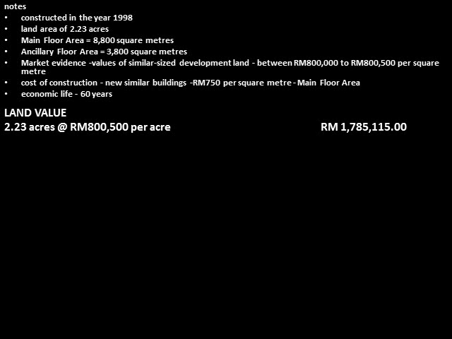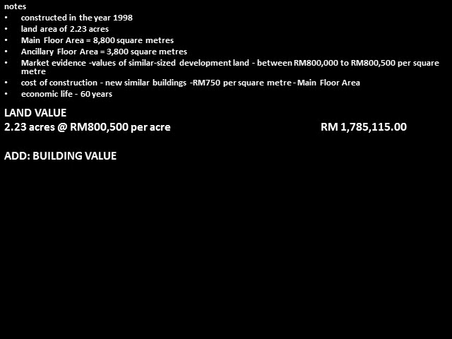Maybe because our land is much better compared to the surroundings, so you decided to choose 800,500 as the value per acre. Times 2.23 acres, you will get 1.785 million. So we are done with land value. That's very easy.